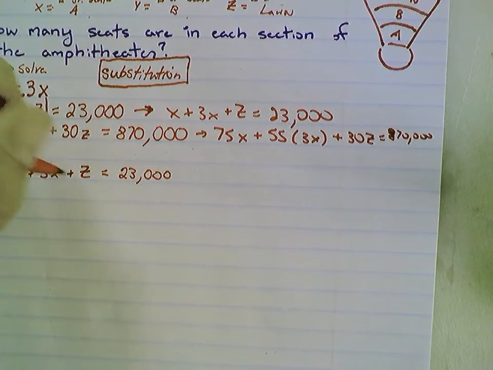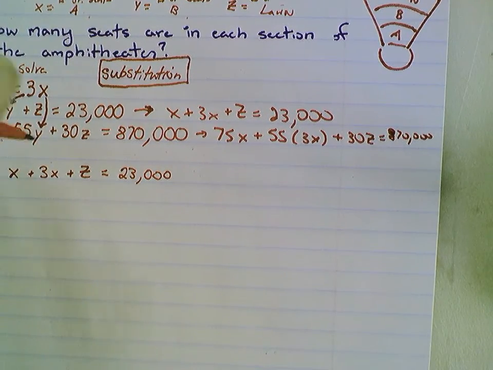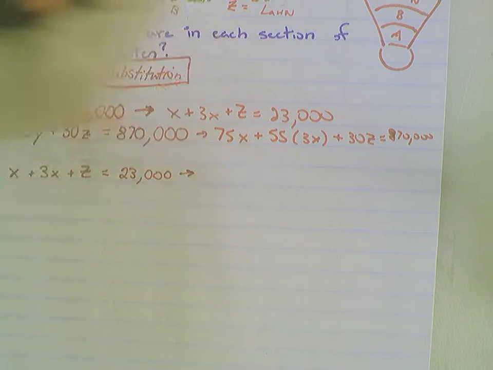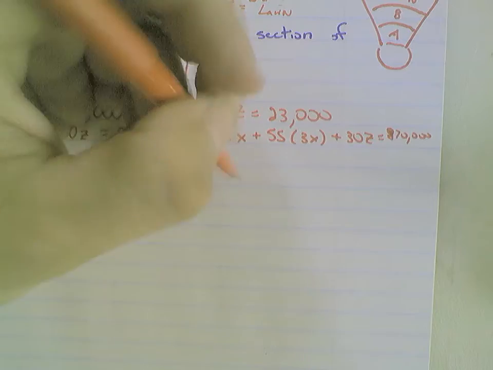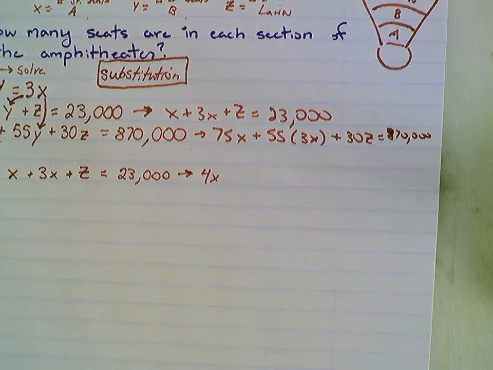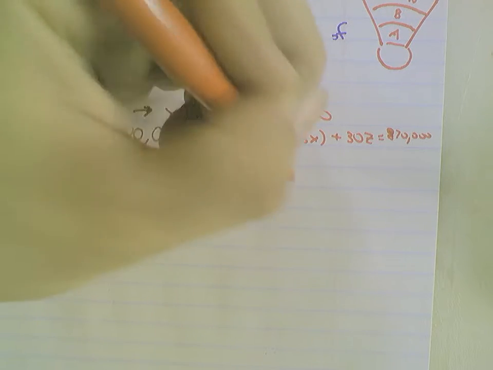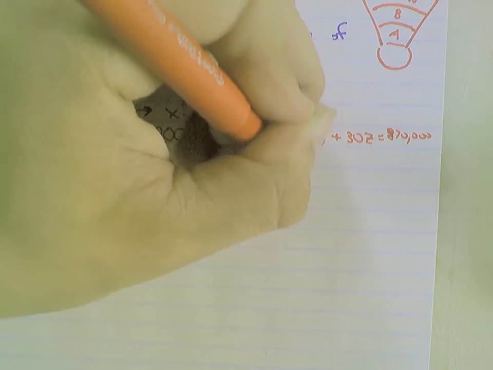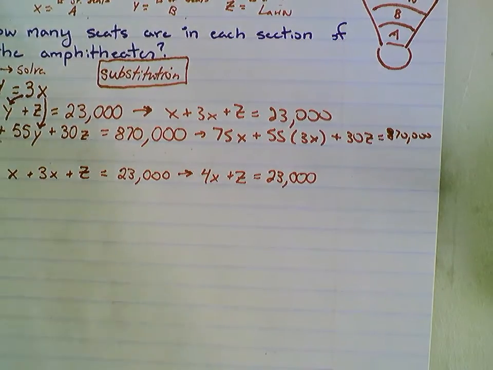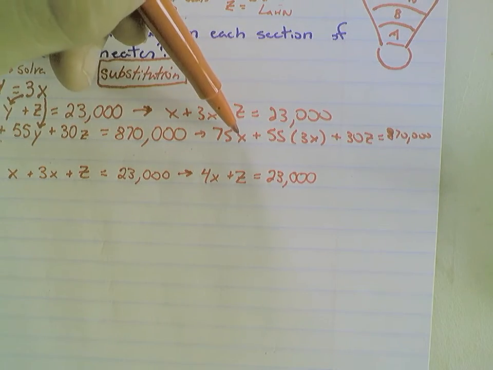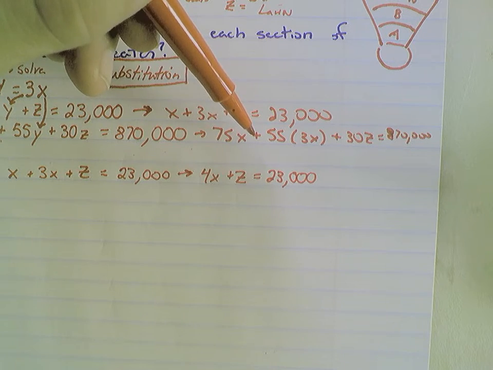Well, that is the same thing as, if I simplify it, x plus 3x is really just 4x plus z equals 23,000. And then I can do the same thing in this top one. I can simplify this.